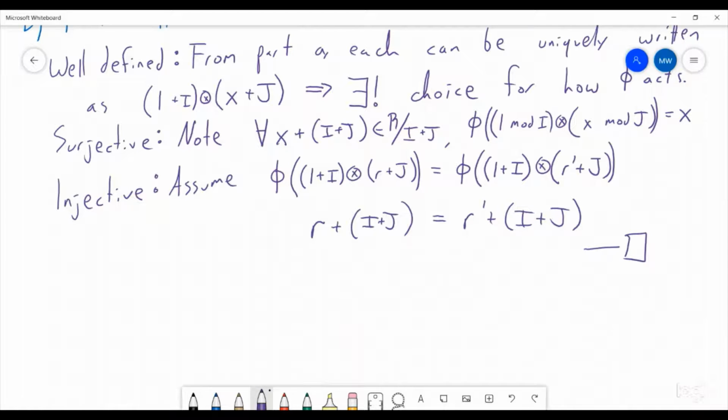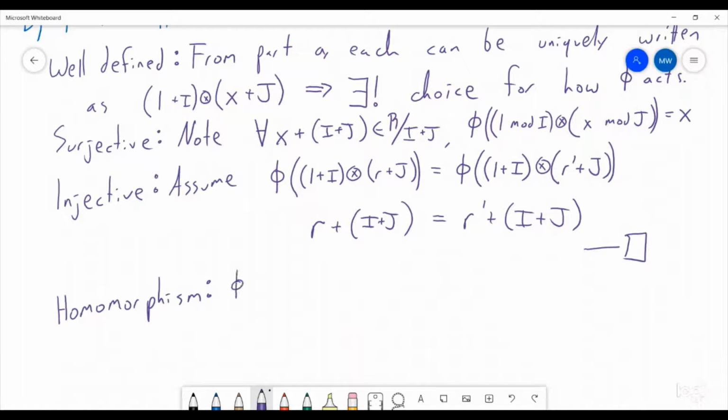And now the last one is going to be showing that we have a homomorphism. Okay, so for a homomorphism, let's look at addition first.